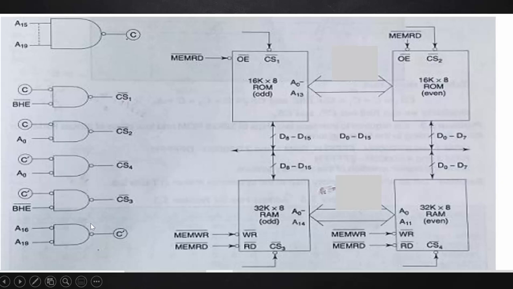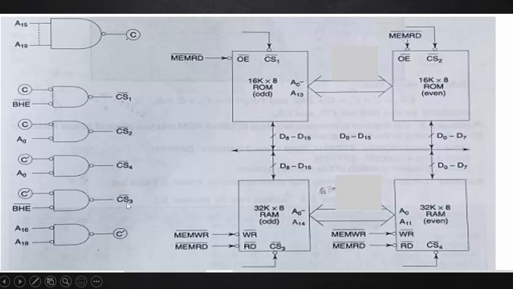And similarly for the RAM space. For the RAM space, this C dash is generated using A16 to A19. The odd bank always contains the higher byte of 16-bit data, so for activating the odd bank, we can use these inputs, BHE bar and C dash.